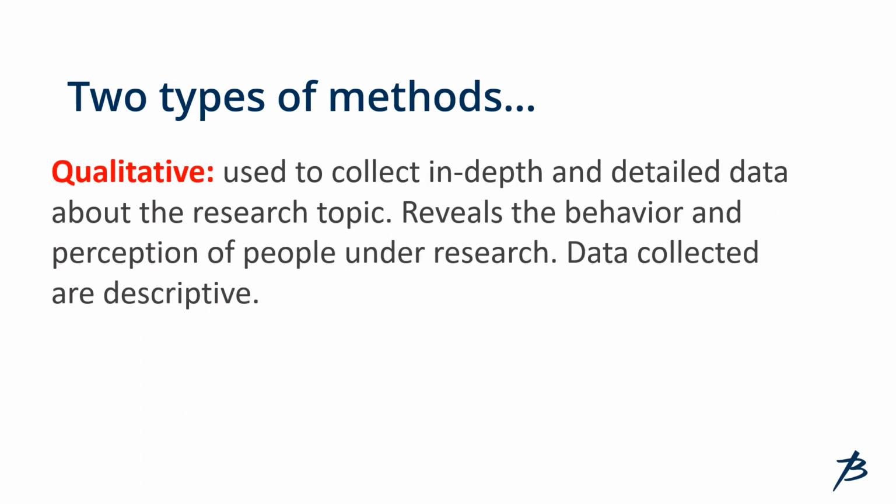There are two types of methods. Qualitative, that is used to collect in-depth and detailed data about the research topic and reviews the behavior and perception of people under research, and data collected are descriptive.